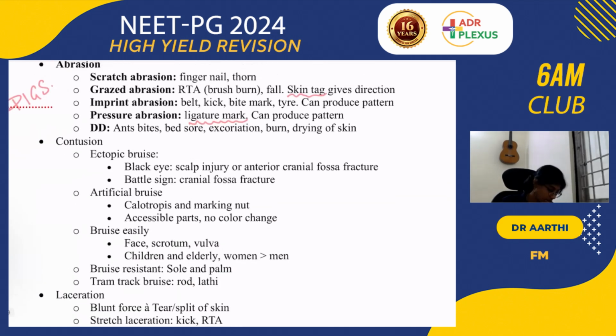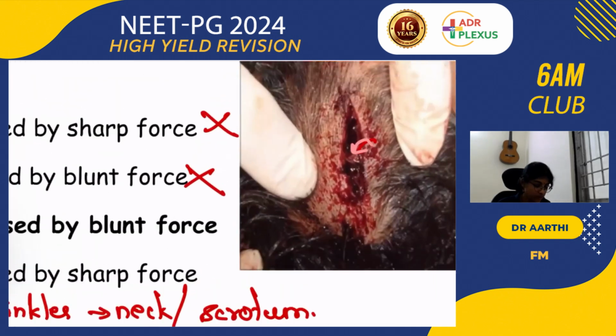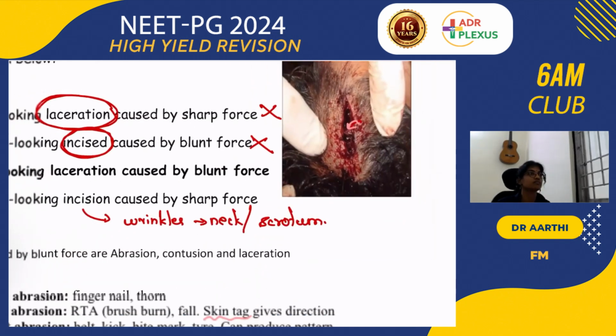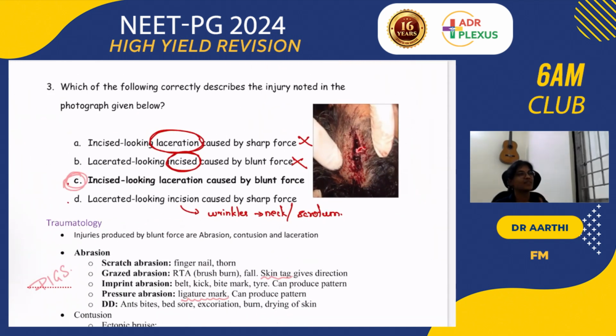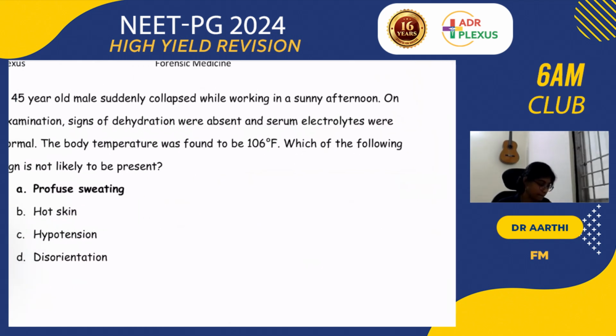Whereas your lacerated looking incised wounds are seen over wrinkles, like in the neck or in your scrotum. So with this, you identify it. How will I identify? One is tissue bridges. Again, you will get a clearer image, so don't worry about this particular injury. Okay, let's look into the next part.